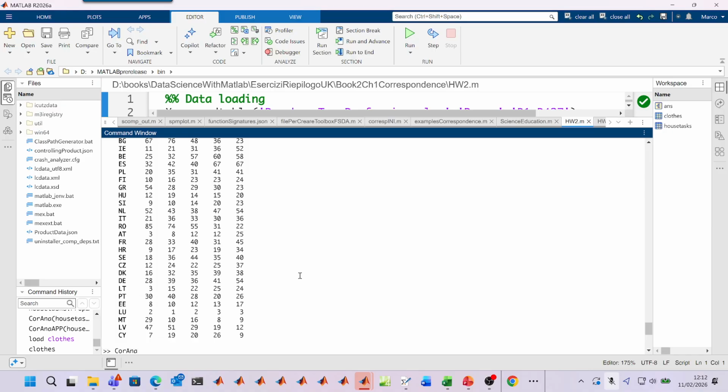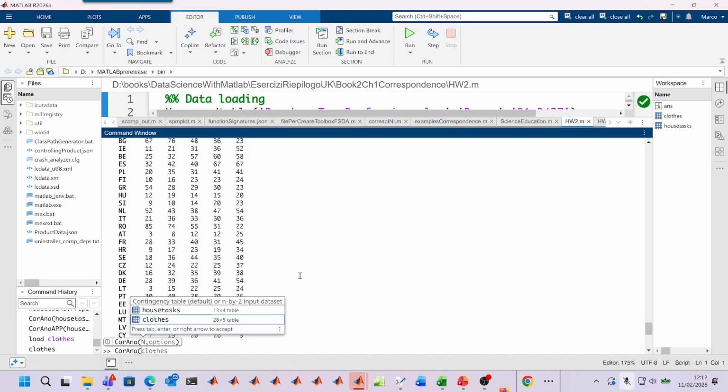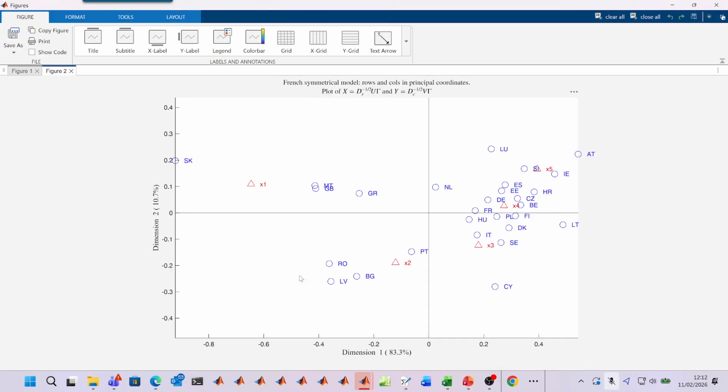Okay. Corana, clots. Okay, so that is the plot. The first time that we saw these plots, we were really very, very surprised. Because the computer and the correspondence analysis does not know that x1 is smaller than x2, smaller than x3, smaller than x4, and smaller than x5.